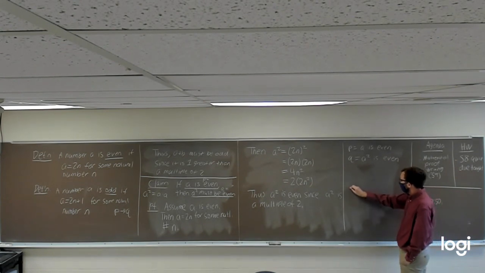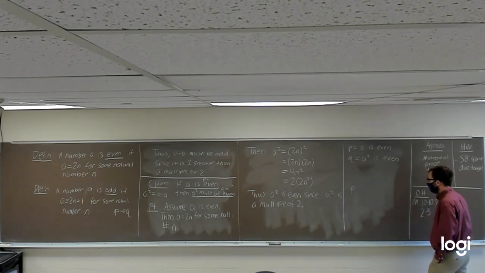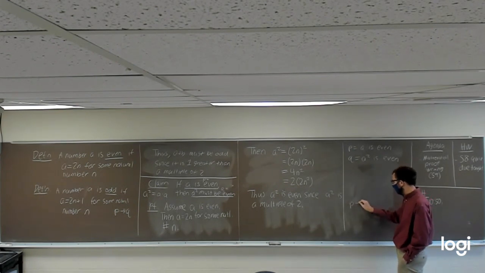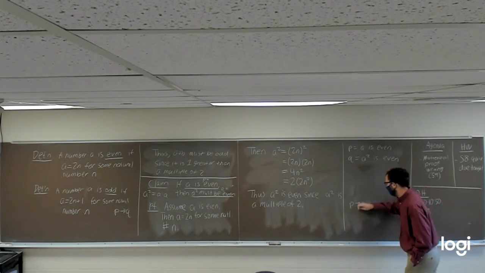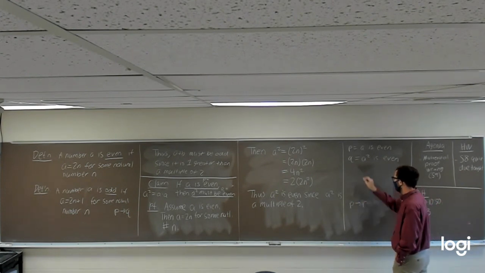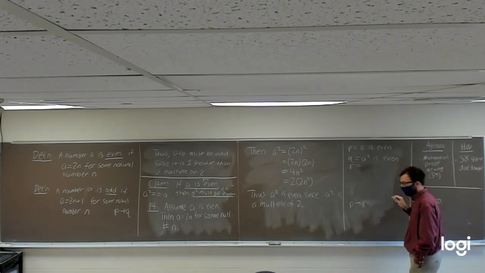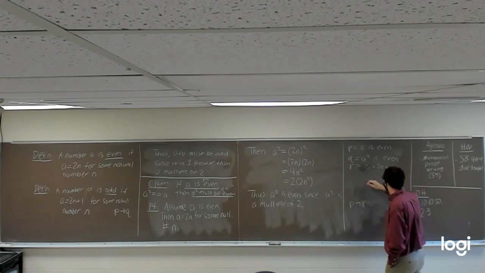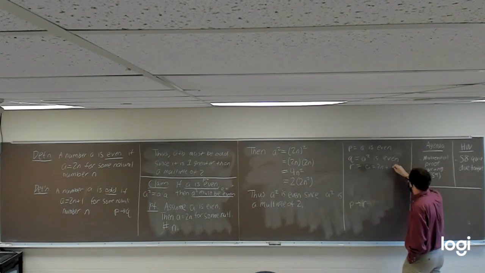I would say our argument looks something like this. We had a P implies R, where R was the statement A is equal to 2n for some natural number n.